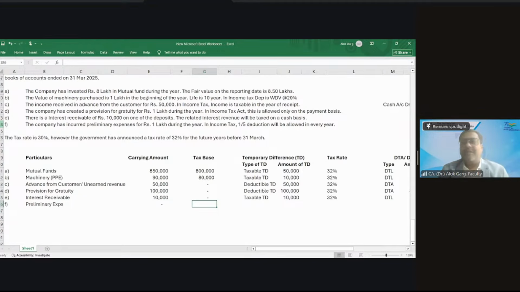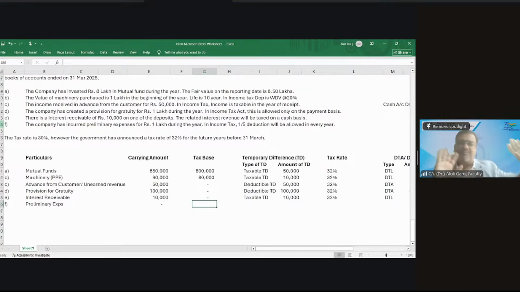So Saminathan, during the year, what amount have you expensed? 1 lakh? Yes, 1 lakh. Give me objective answer only. What is the 1/5 of 1 lakh? It's 20,000. So what is the deduction which is available in the first year? 20,000.